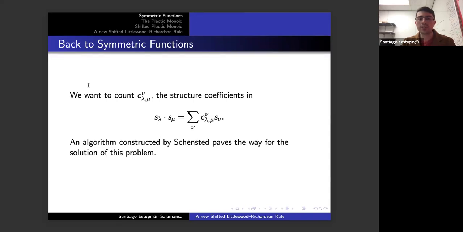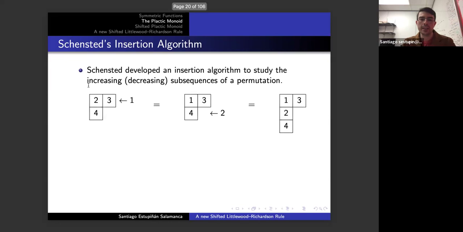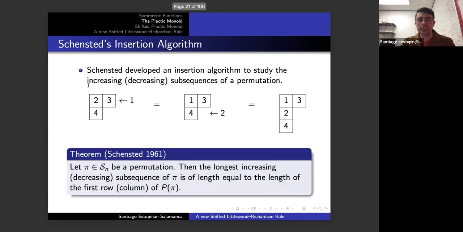There is a combinatorial way of understanding this multiplication that starts with Schensted. Schensted found an insertion algorithm to study, as his original motivation, increasing or decreasing subsequences of a given permutation. For a certain permutation, you can recover the length of the longest increasing subsequence by understanding the length of the first row of this insertion diagram.